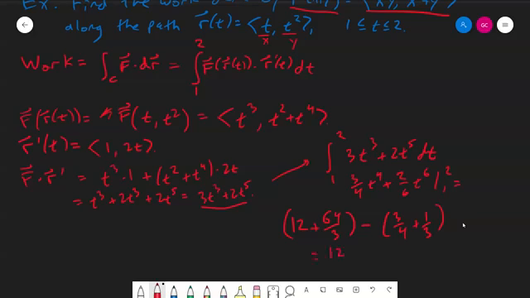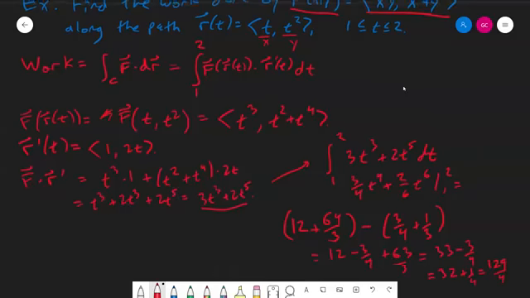So let's see, that's 12 minus 3/4, and then there's 64 thirds minus a third is 63 thirds, which is just 21. So we get 33 minus 3/4. Well, so that's 32 and a fourth. Or in other words, what's that, 129 over 4.